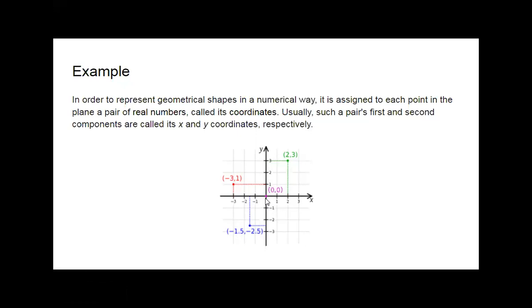Same, 0, 0 is given here. If we take an example, if I want the point 3, minus 3, how will I go? 3, minus 3 means x is 3, so it is positive.